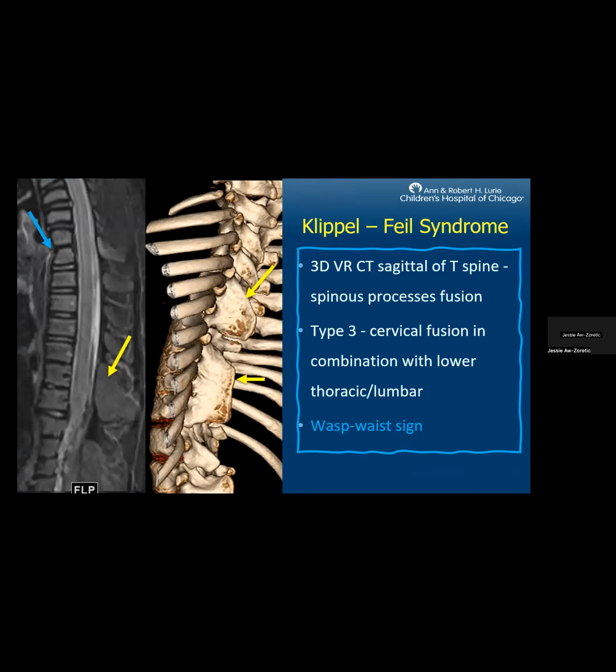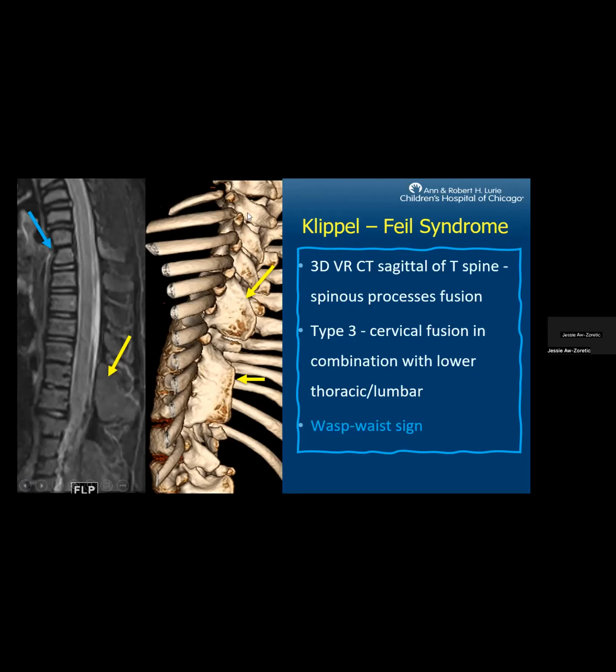There are different types, and depending on whether there's involvement of the thoracic or lumbar spine as well, they can be classified into Klippel-Feil type 1, 2, and 3. If there's cervical fusion in combination with lower thoracic or lumbar fusion, it's classified as type 3.